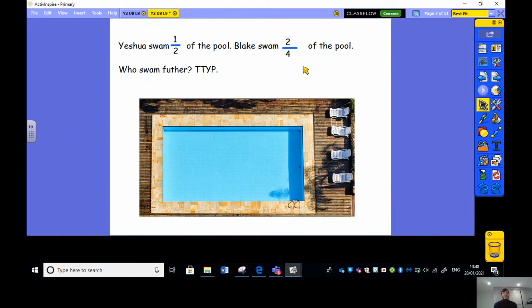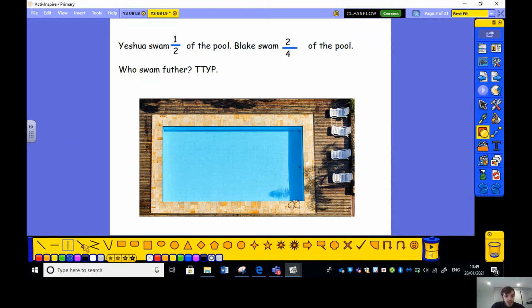Well done if you said they swam the same distance. No one swam further. They're both swimming in the same pool, and we know Yeshua swam half of the pool and Blake swam 2 quarters of the pool. I can show you this. So if Yeshua swam half of the pool, that means he swam up to the blue line.